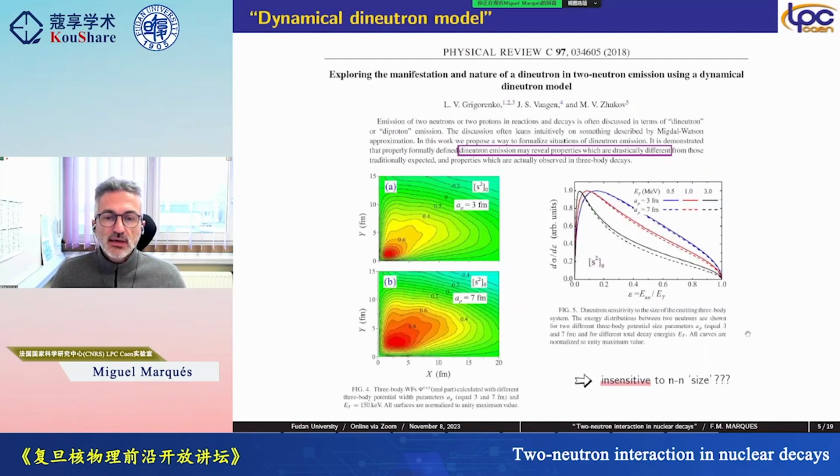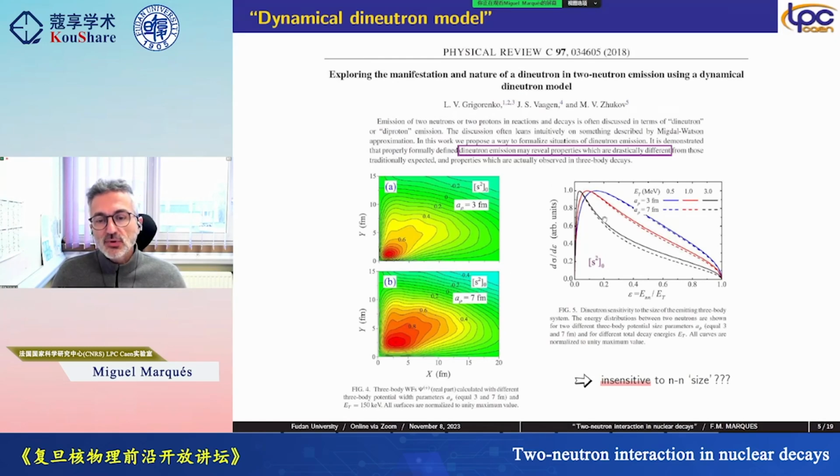And the other test that he made in this paper was to take the S wave case and just scale the wave function by a factor of 2, almost a factor of 2. So you have here the wave function for the S wave case, and here an artificially expanded wave function.